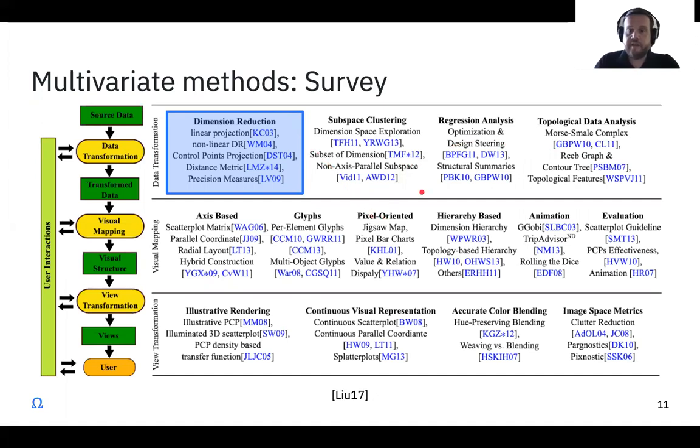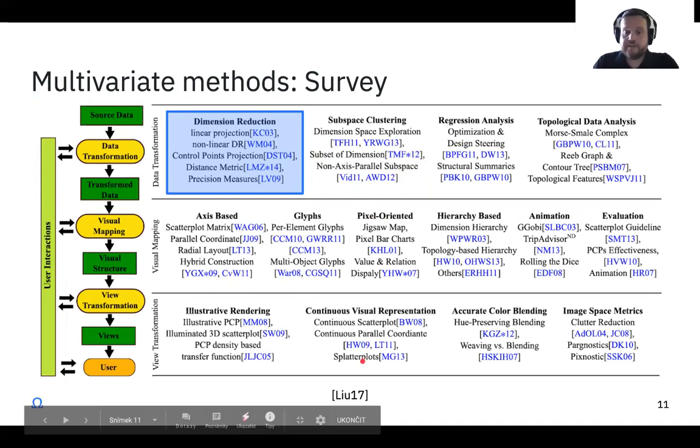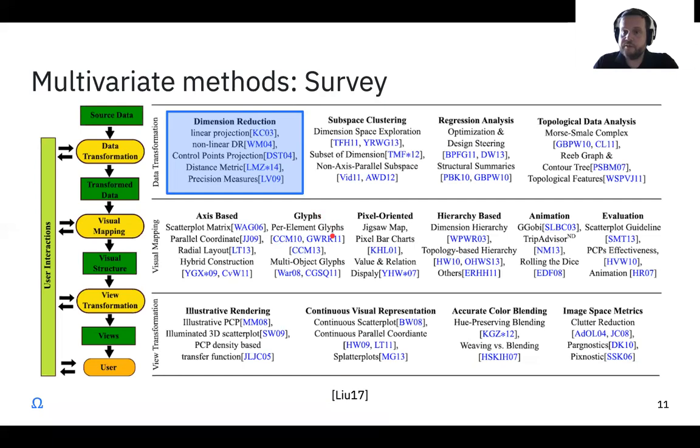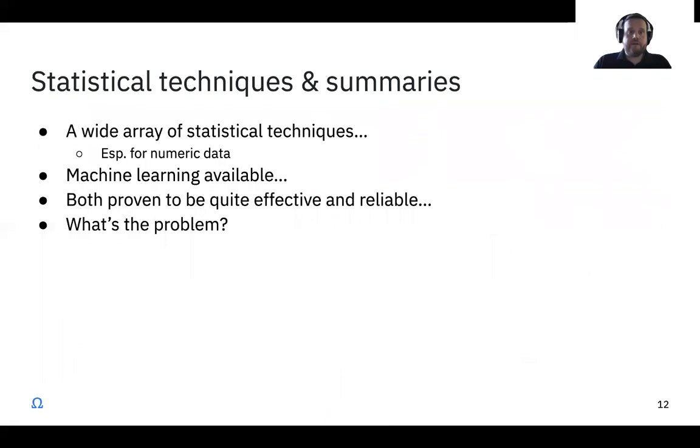If you're interested in things that go beyond what we talk about in the lecture, the reference for this is in the optional reading, and you can quickly refer to the individual methods. But we're going to go over the most important ones that are used in the state of the art. So dimension reduction. We're talking about data transformations.